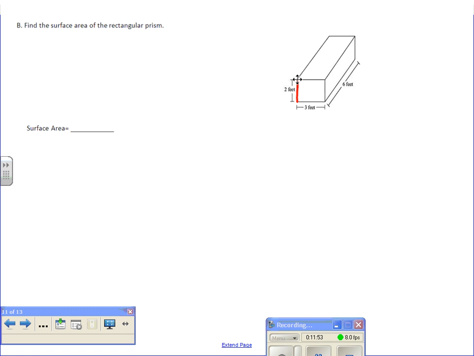So first we're going to find the area of this. So I'm going to call that the area of the front. And keep doing that in red. So that'll be 2 times 3. That's going to be 6 feet. I'm going to mark a little 6 right there so I know that. Or 6 feet squared. All right.